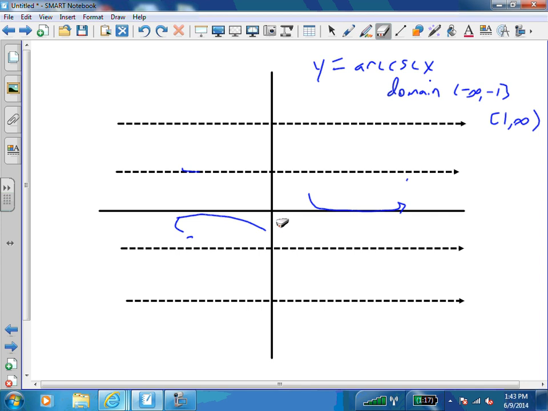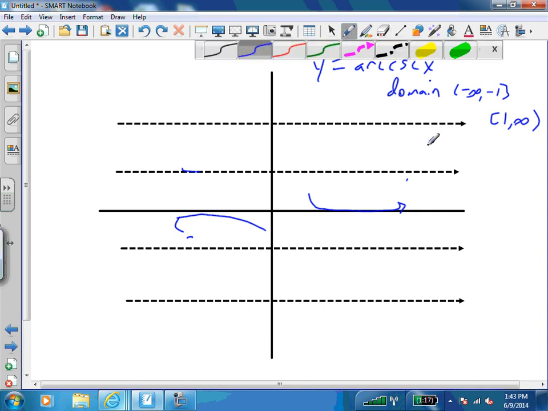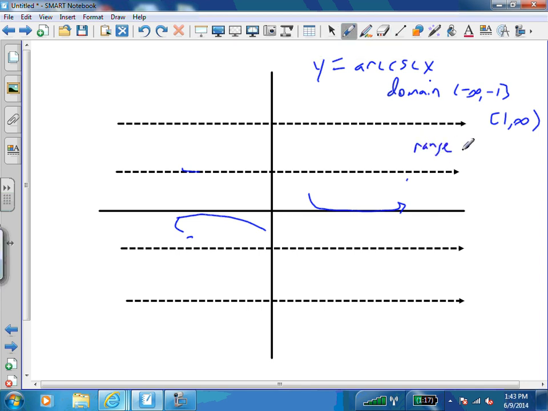No, that's right. Negative pi halves to pi halves. But we can't have 0, because at 0, we're undefined.